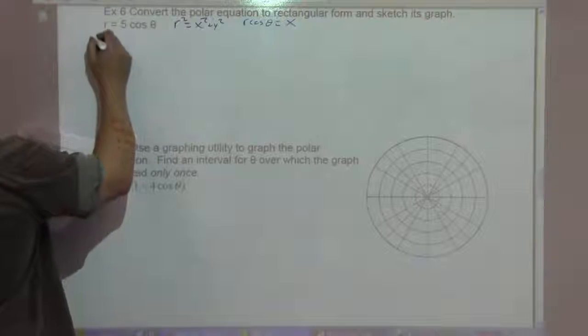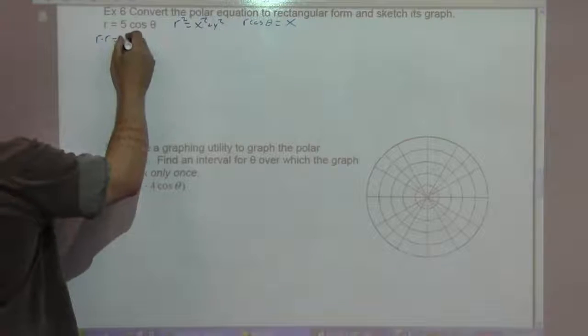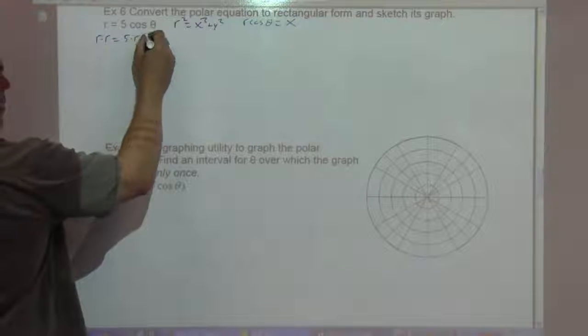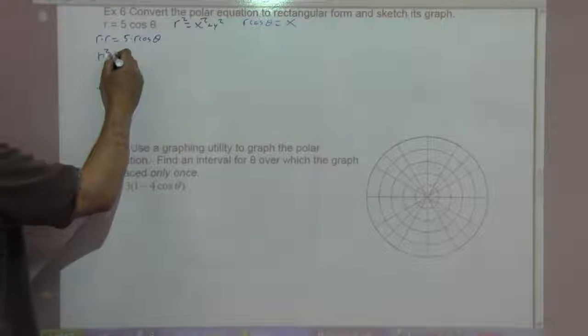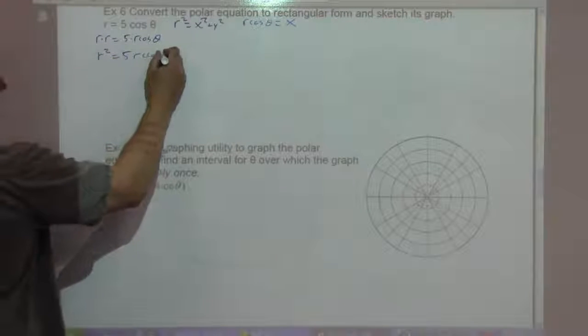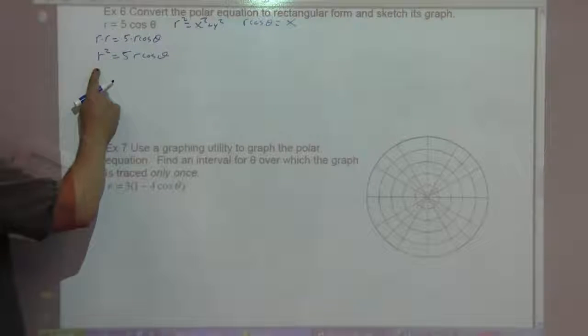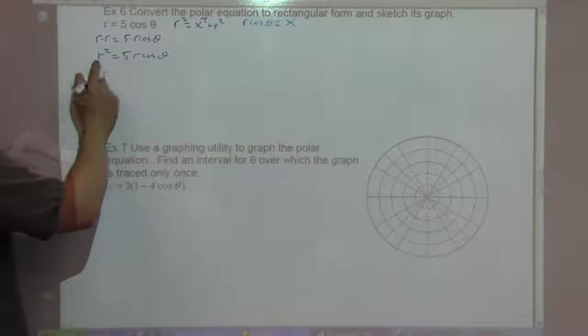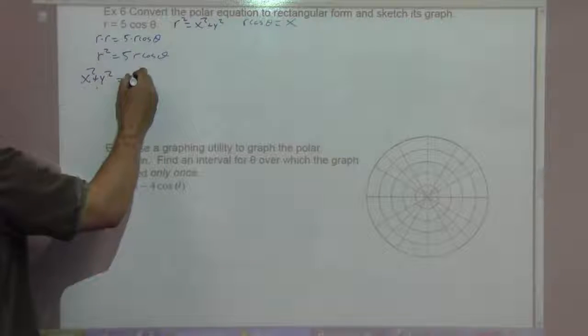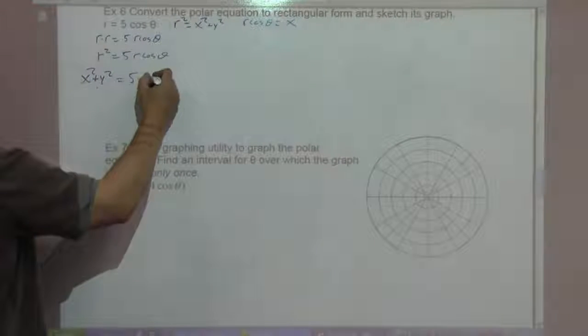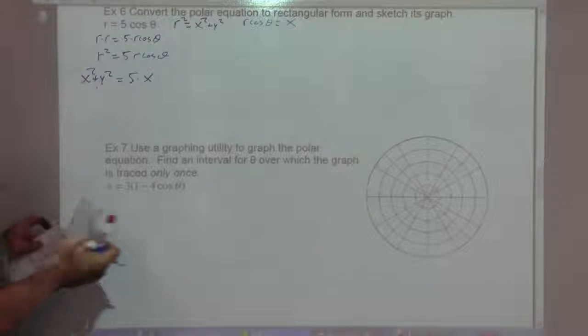So think about it this way. If I multiply both sides by r, r times r is r squared equals 5r cosine theta. So this r squared becomes x squared plus y squared, and 5 times r cosine theta is 5x.